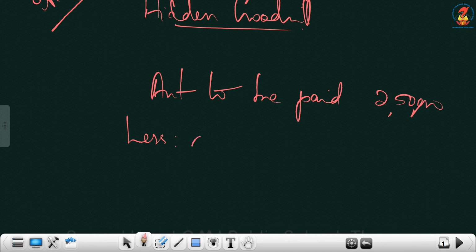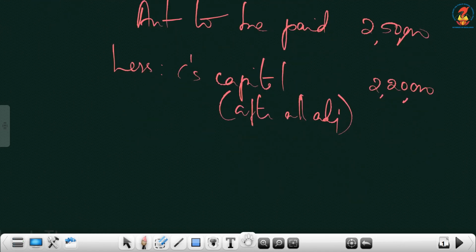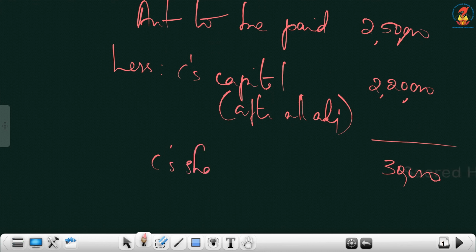Chandu is retiring. So C's capital after all adjustments is given directly in this question, or else this capital balance is the balancing figure of partner C. Now what you get is 30,000, that is the goodwill of C. C's share of goodwill is 30,000.